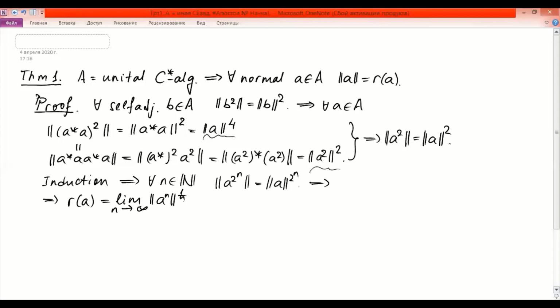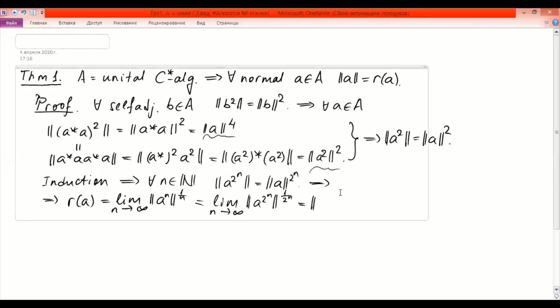Now we can take the subsequence consisting of all numbers of the form 2 to the power n. And it follows from the previous line that this is just the norm of A. Okay, so this completes the proof.